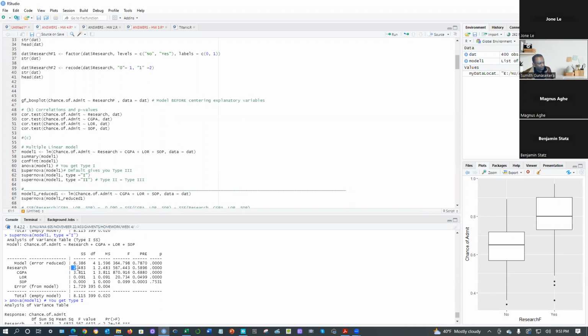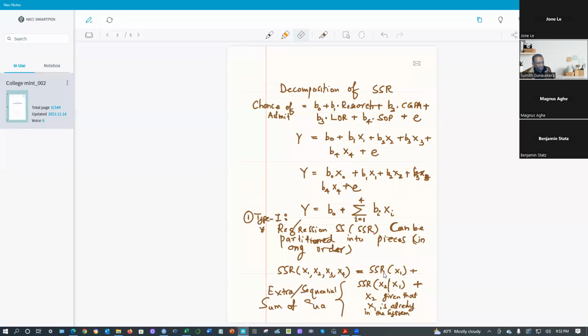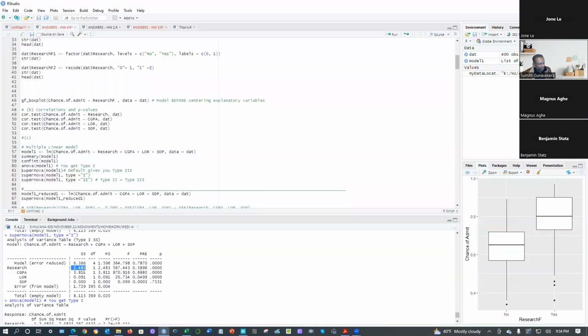This one is 2.483. I'm talking about this value. SSR X1 is how much? This value, 2.483. How about this value?